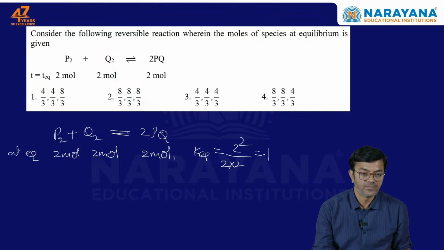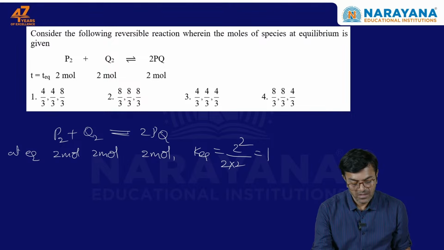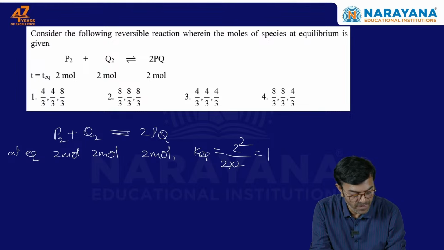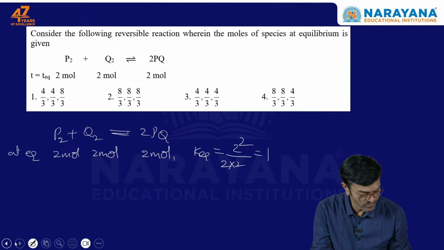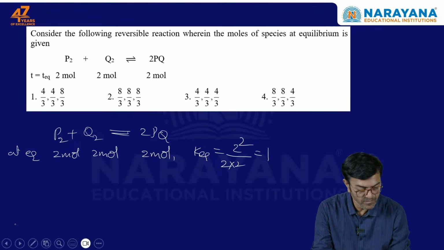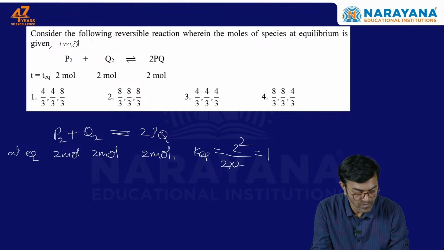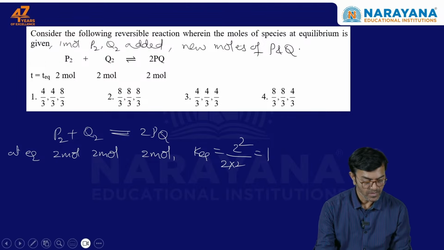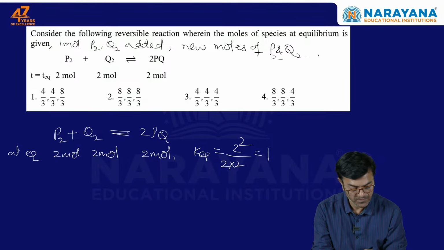Now he is saying that 1 mole each of P2 and Q2 are added, and asking for the new moles of P2, Q2 and PQ.